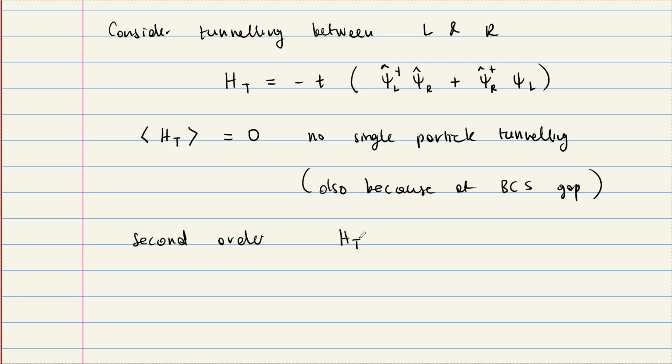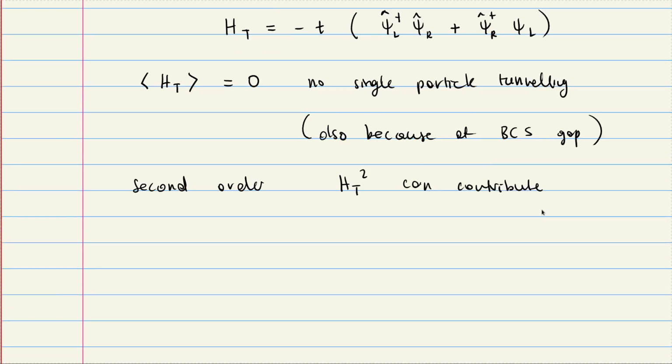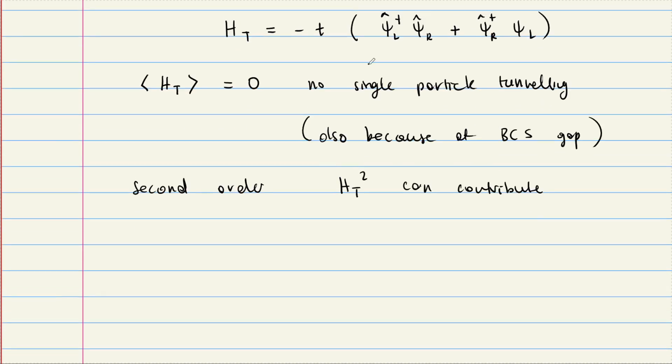Something like ht squared can contribute. And the form is what? We need to take the square of this, and ht squared is some, right? We are not doing a full calculation. We are trying to understand what comes out of this thing, and it is something like this.